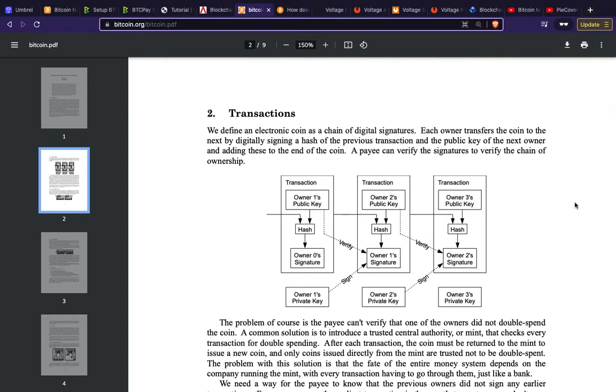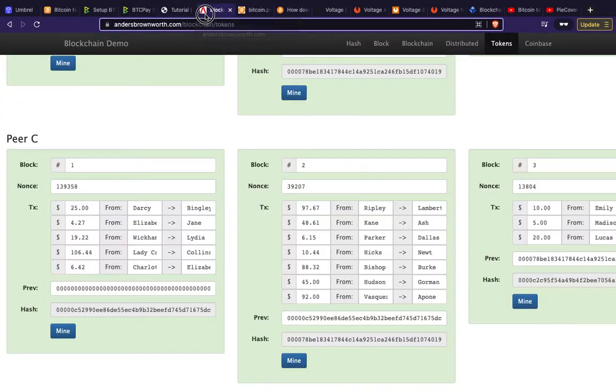And you have the transaction, and this is the owner's public key. You have the hash, and you have the verification, and you go step by step, and this is how it works basically.